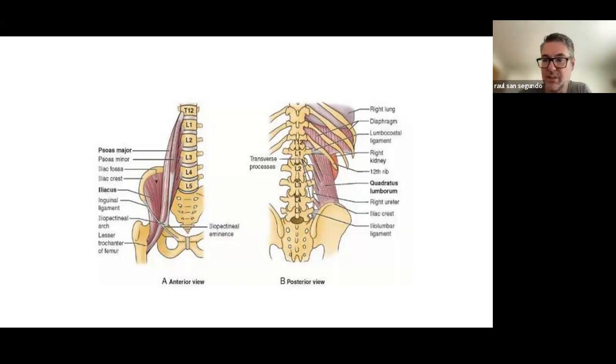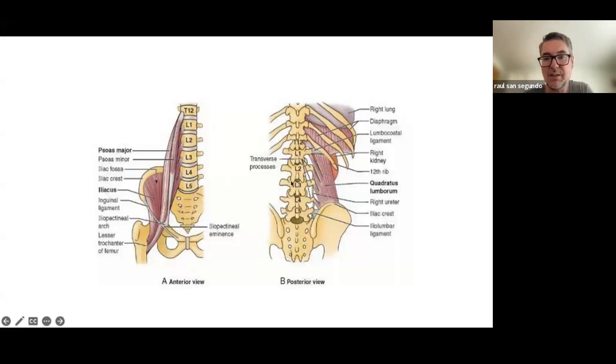When you've got some ankle problems, some knee problems, some knee injuries, that's an ascending dysfunction you can find, and you get some adaptation here in the diaphragm.